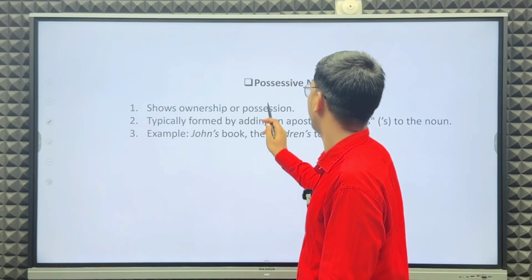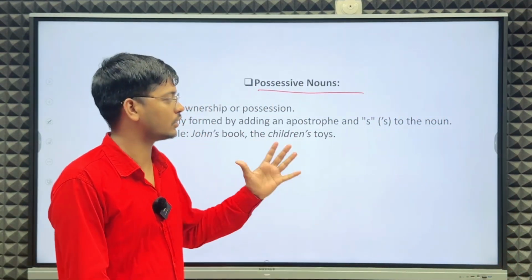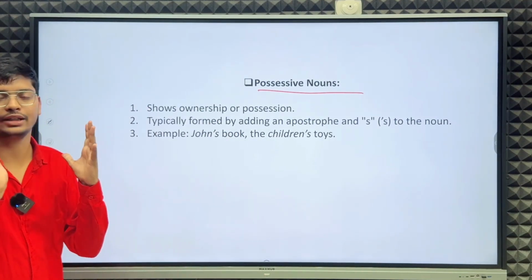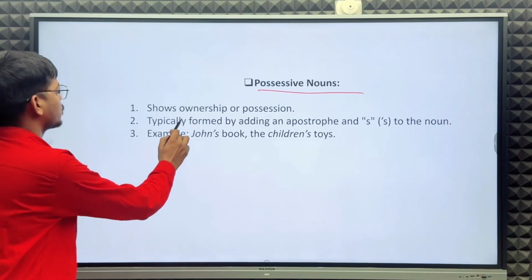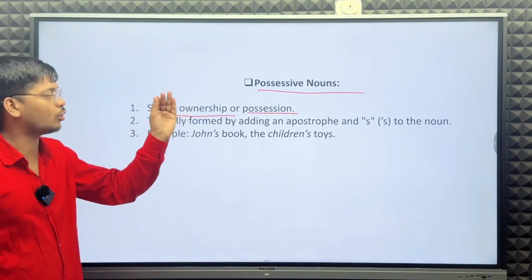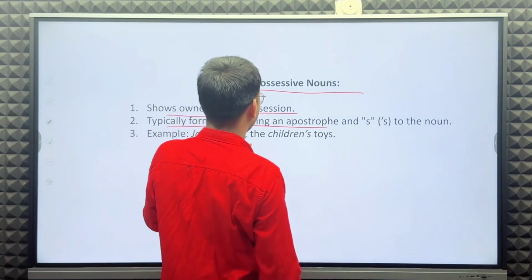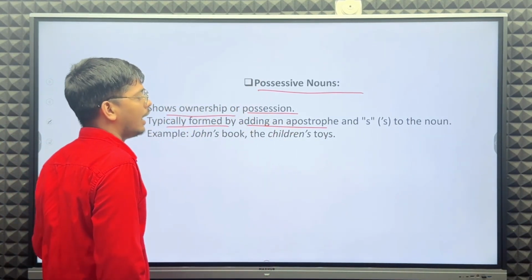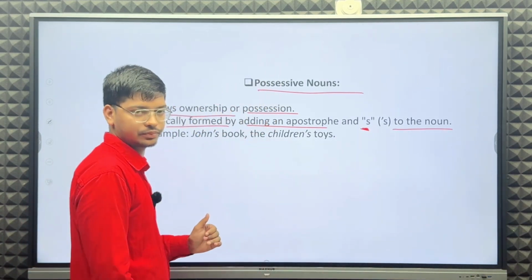Next is possessive nouns. Possessive nouns have 3 points here, so you can understand easily. They show ownership or possession, typically formed by adding an apostrophe and s to the noun.